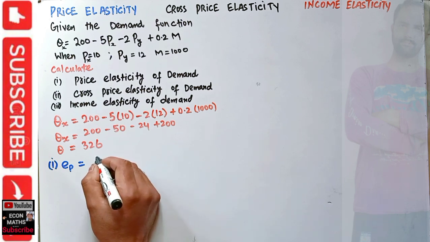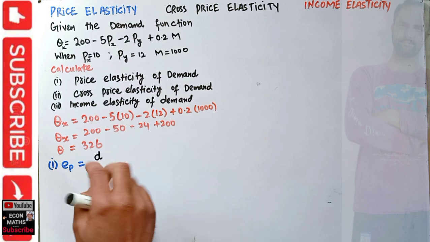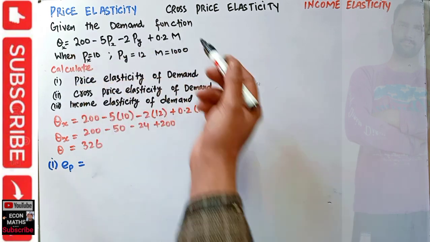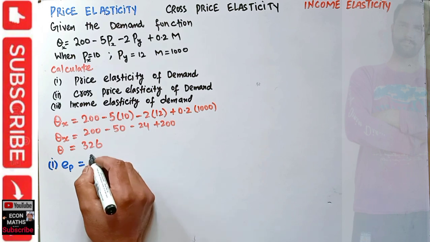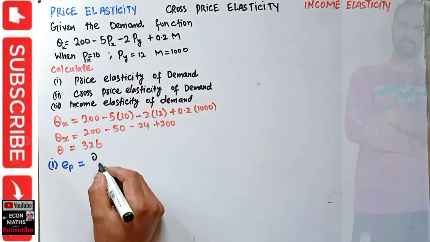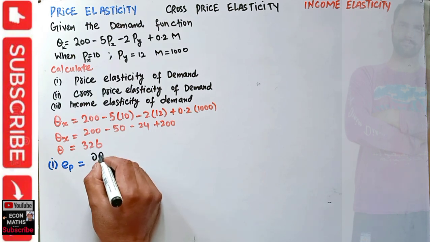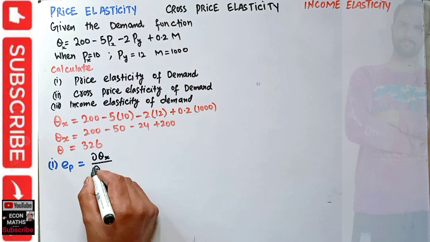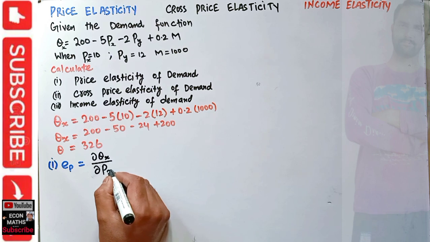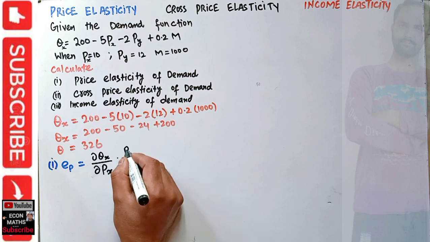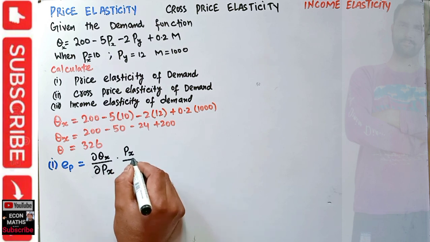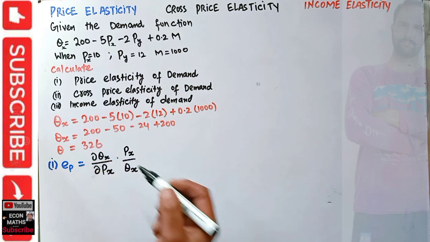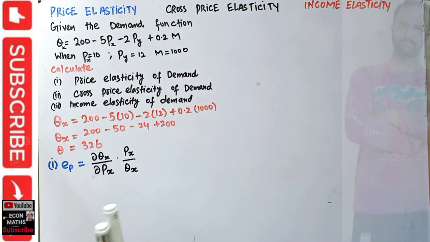Simply, we write the partial derivative, because we have more than one variable: the change in quantity demanded of good X with respect to the change in price of good X, times price of X upon quantity demanded of good X. This is the formula for price elasticity of demand.